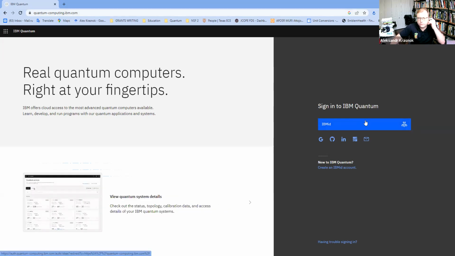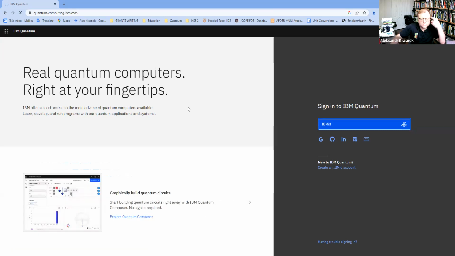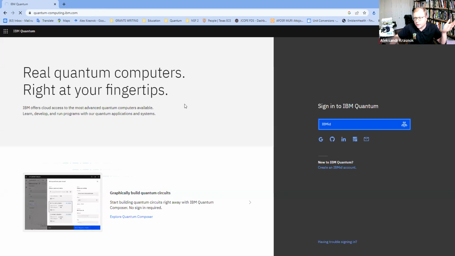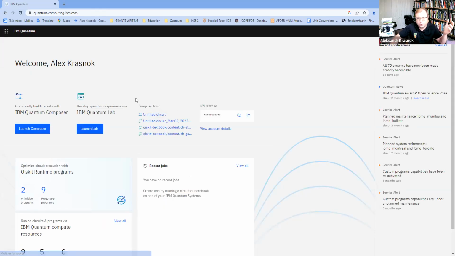On the right-hand side, you can find this IBM Meet. You click this button and it leads to the registration form. I already registered there. I have multiple accounts, and this account is specifically for this quantum course.